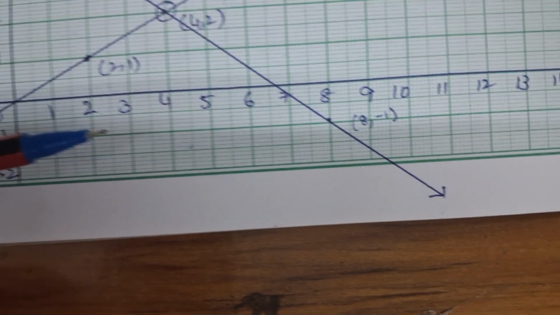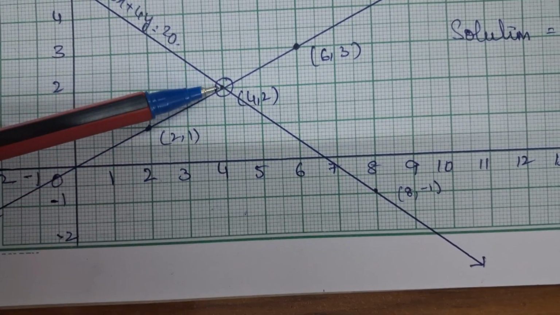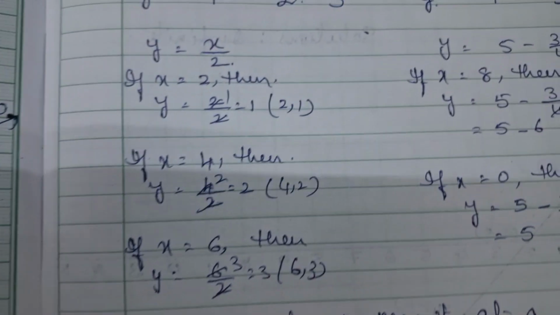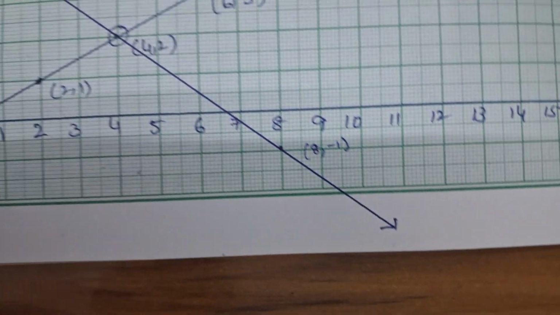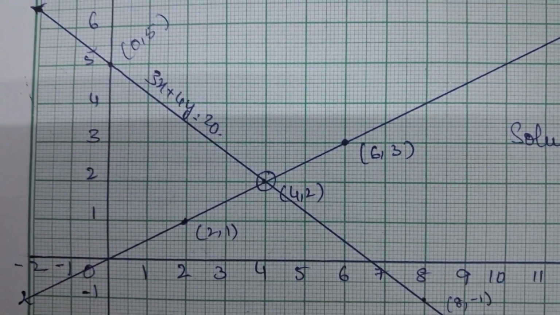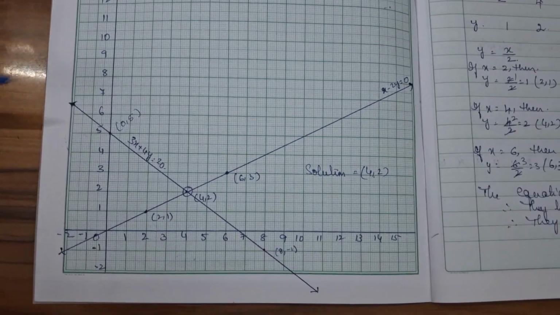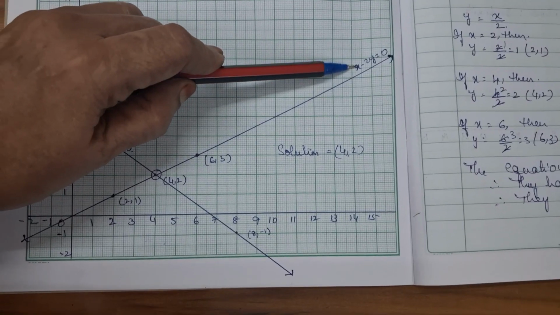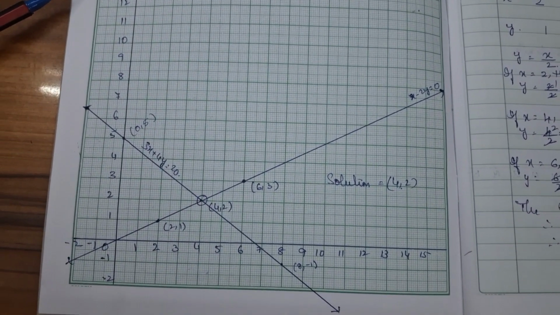So here this is 4 and this is 2, 4 comma 2, and the third one is 6 comma 3. So I have taken here 6 and 3. So all these I have joined, I got a straight line in this way. So I have to write, this is important, children. You have to write x minus 2y is equal to 0 is the equation.